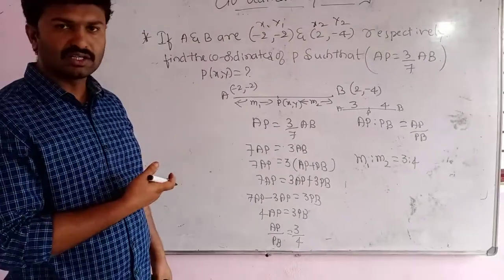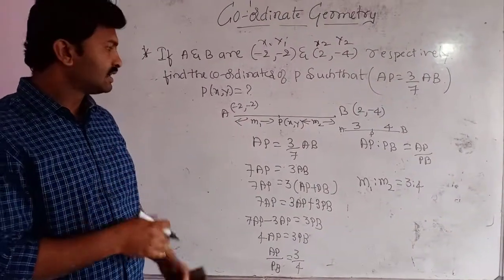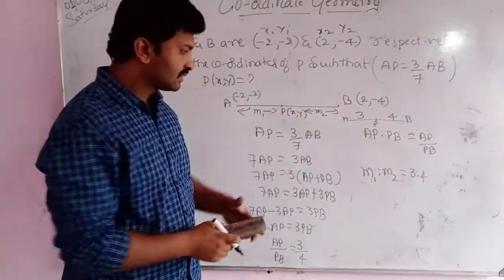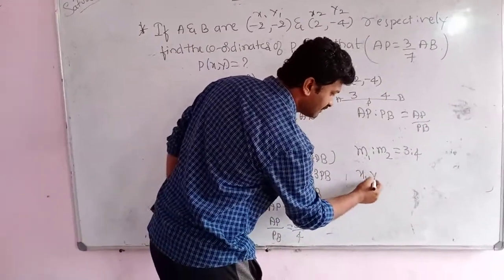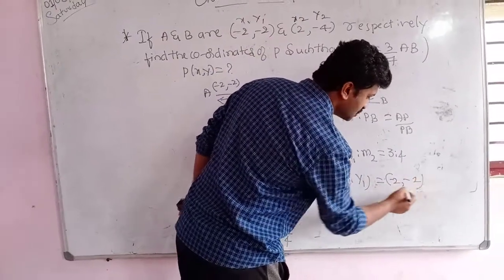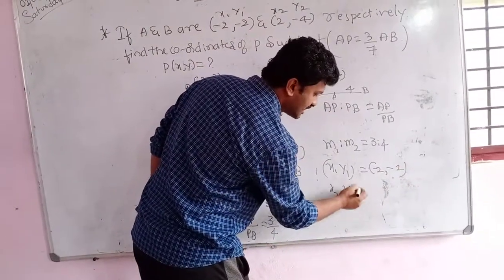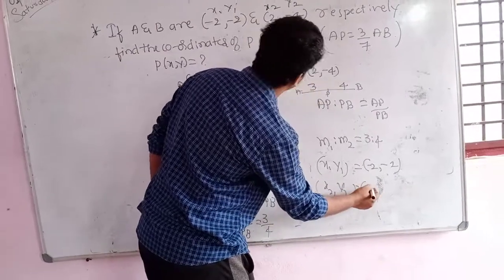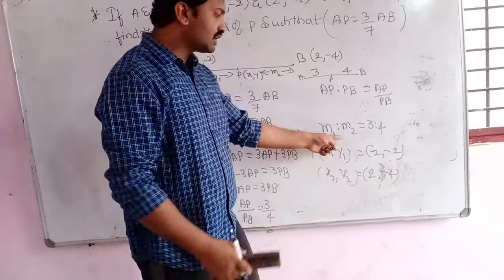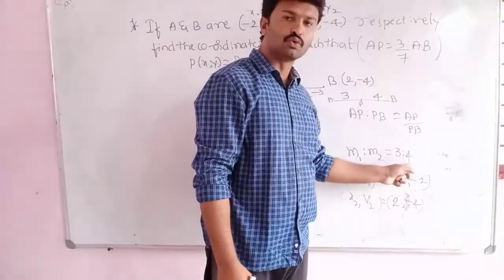In the question x1, y1 values are -2 comma -2 and x2, y2 values are 2 comma -4. Just now we got the values of m1 is to m2.